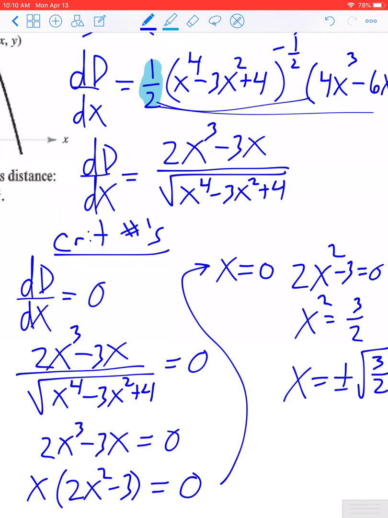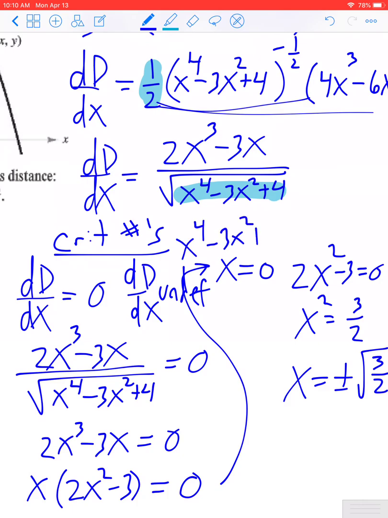We would now want to use either the first derivative test or the second derivative test in order to see whether or not any of these critical numbers produce maximums or minimums. And actually, getting ahead of the game a little bit, we also should see where the derivative is undefined. So what about those second types of critical numbers? Where would dd/dx be undefined? Well, to answer that question, you would need to solve where x to the fourth minus 3x squared plus 4 is equal to 0.